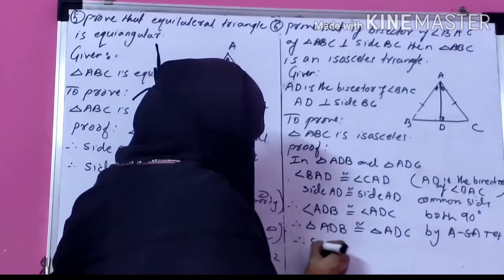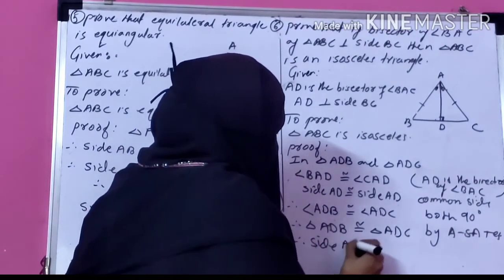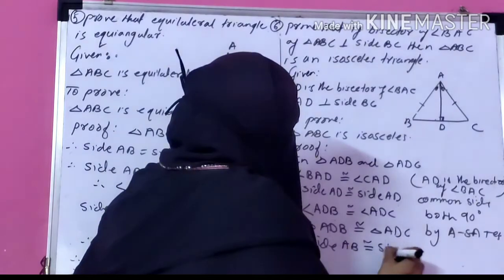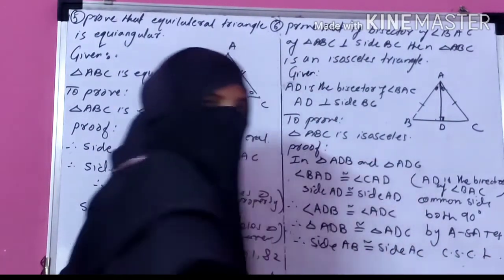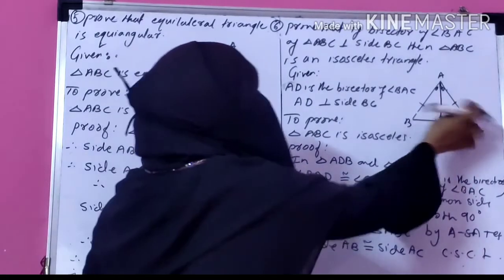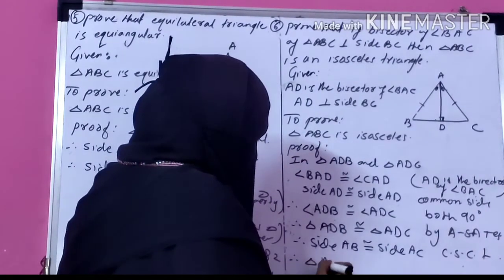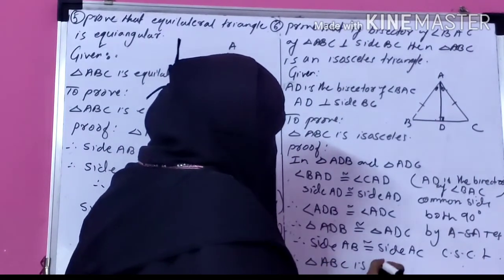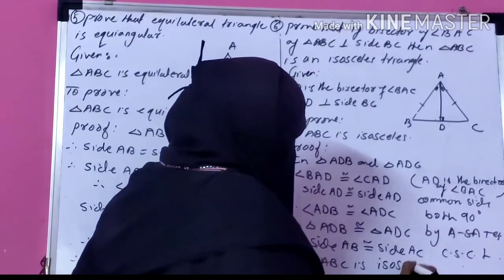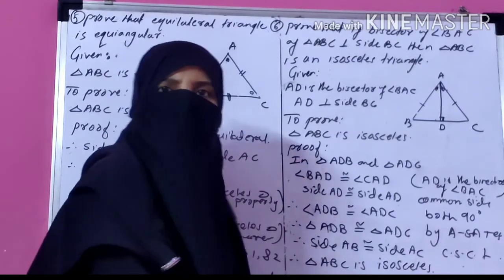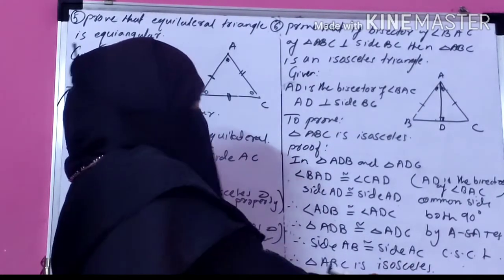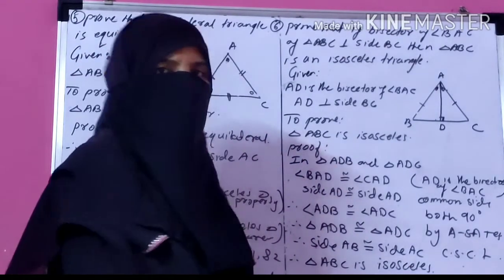So side AB is congruent to side AC, corresponding sides of congruent triangles. If AB is congruent to AC, then triangle ABC is isosceles. So here we prove this triangle is isosceles.